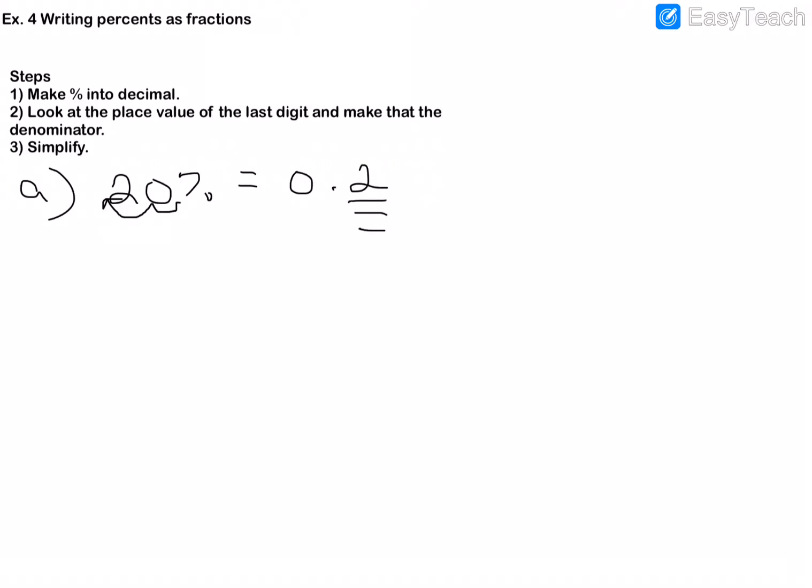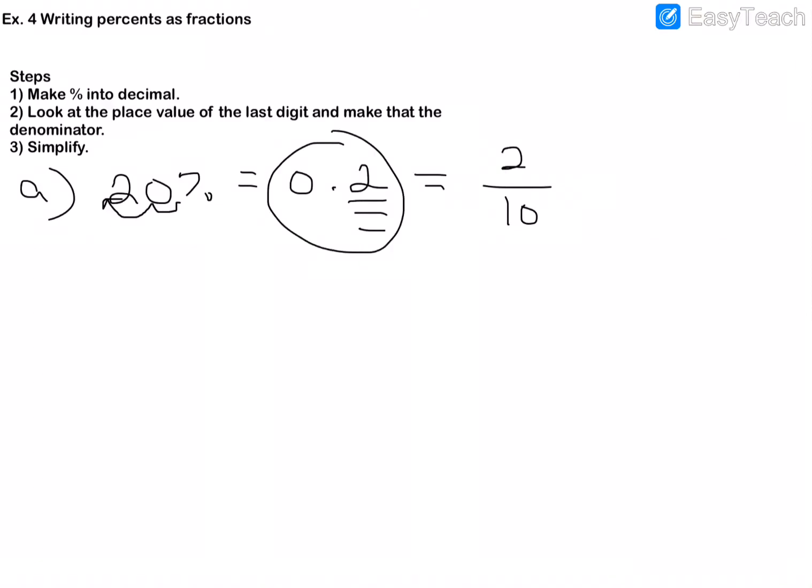What place value is this 2 in? It's the tenths place. So if it's the tenths place, then that's going to make my denominator 10. And then the 2 is going to be my numerator. Okay? You would read this as 2/10.